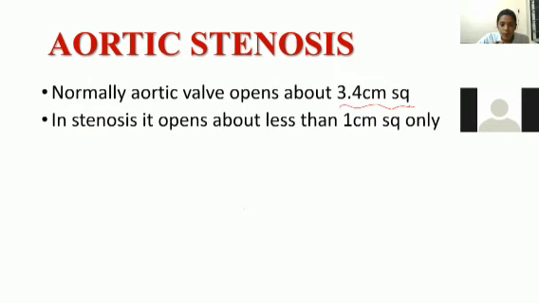In stenosis, proper opening won't happen, which means the valve opens less than 1 square centimeter only. So that is the stenosis. You can see the difference between these two. That's how turbulent blood flow happens in stenosis, and the murmurs are produced.